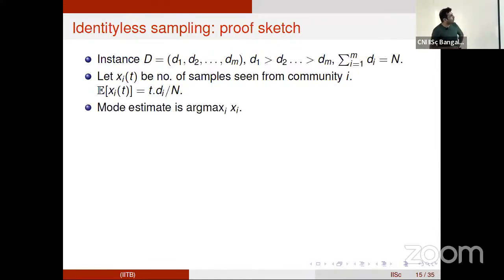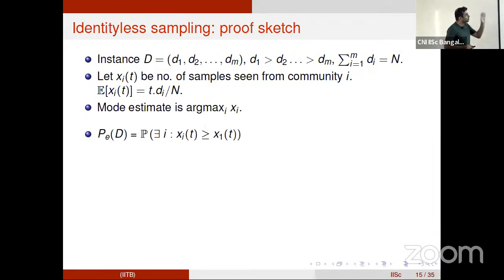Our mode estimate is just the i which corresponds to the largest number of samples. So the probability of error corresponds to the event that there is some other community from which you see more samples than the largest community, which was community 1. So this is just this event.